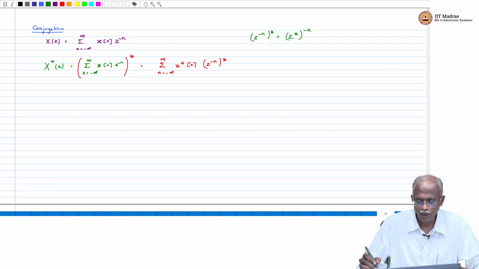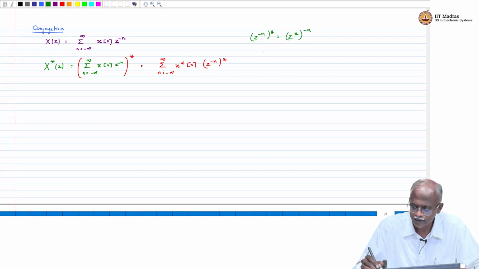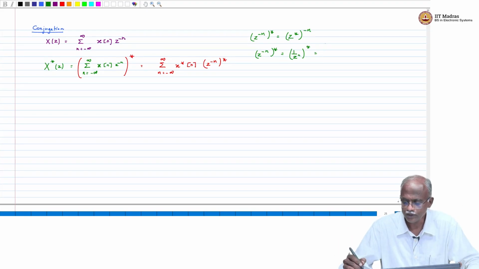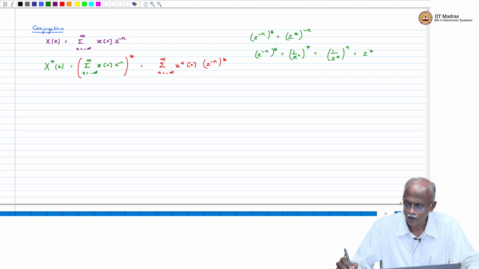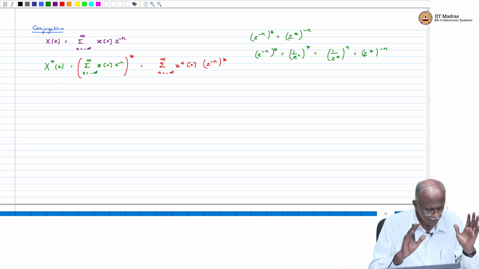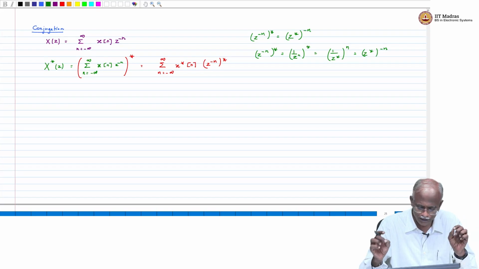This is the same as 1 by z raised to the power n conjugate. And so you can do the conjugation, and this is the same as 1 by z conjugate raised to the power n, the same as z conjugate raised to the power minus n. There are some simple relationships which we must look at carefully.